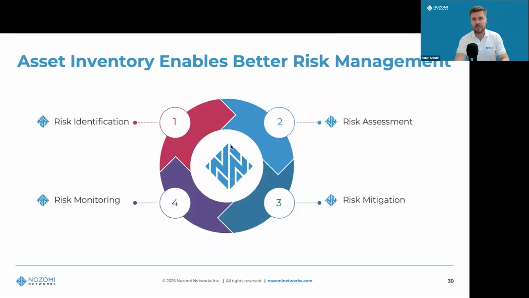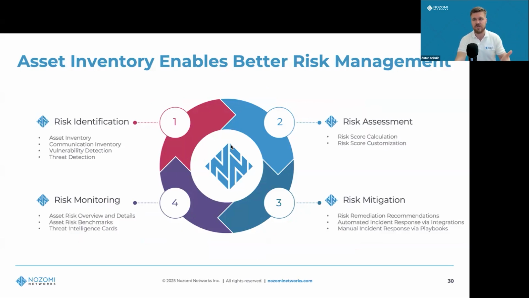And finally, better asset inventory leads generally to better risk management. It supports every stage of the process, from risk identification, risk assessment, mitigation, continuous monitoring, making it a foundational element of any effective cybersecurity strategy.